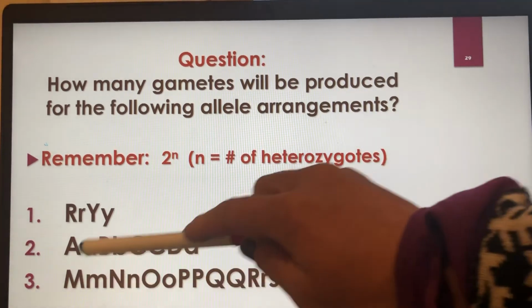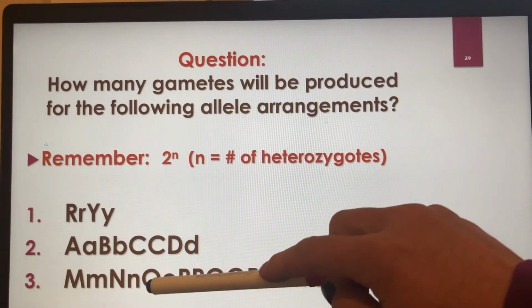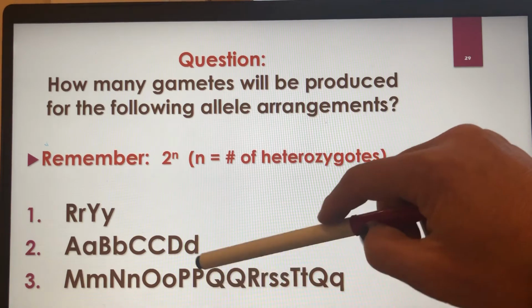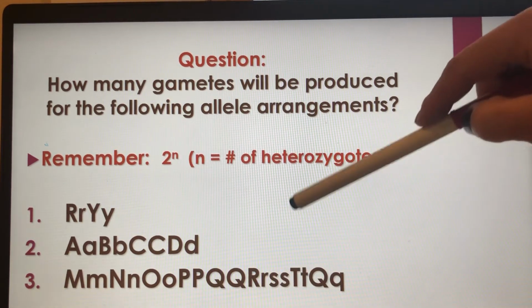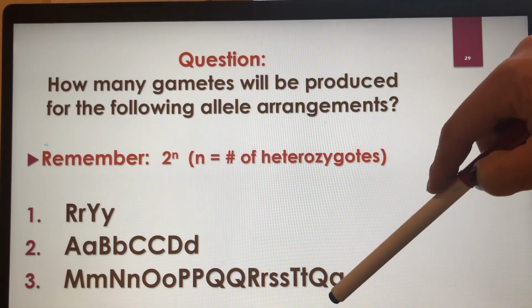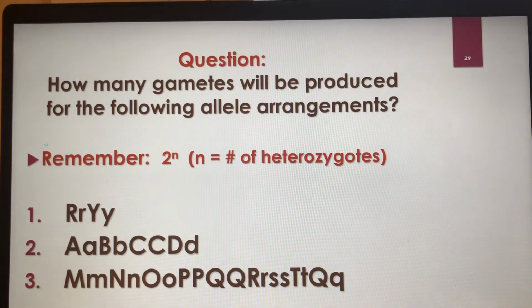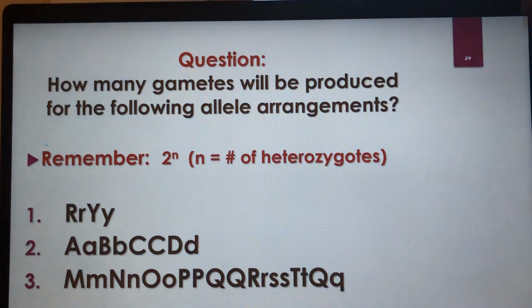Big M, little m is 1, big N, little n is 2, big O, little o is 3. This one doesn't count, this one doesn't count. Big R, little r counts. Little s doesn't count. Big T, little t, and big Q, little q. So we have 2 to the 6th power. That would be your answer.